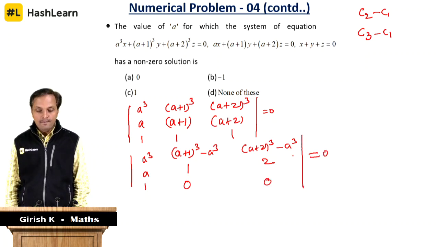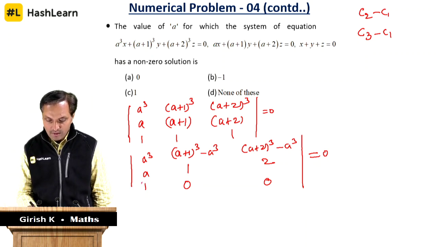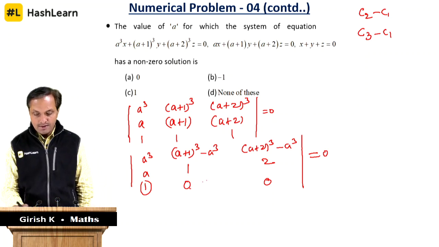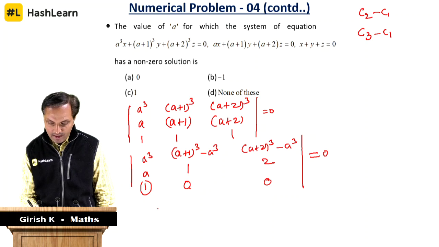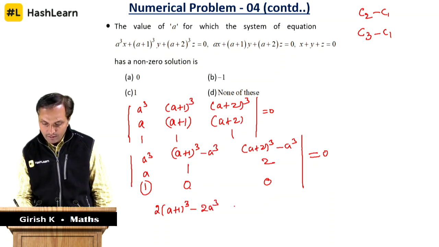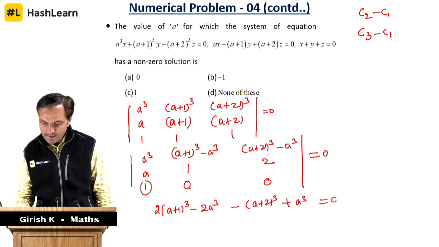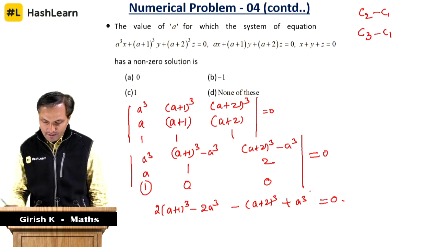Now if you solve the terms, 1 into eliminate along this 1. This is 0, this is 0. You have to leave the row and column. This into this will give you 2 times a plus 1 cube minus 2a cube, minus a plus 2 cube plus a cube, that is equal to 0. So what happens when you do the simplification?